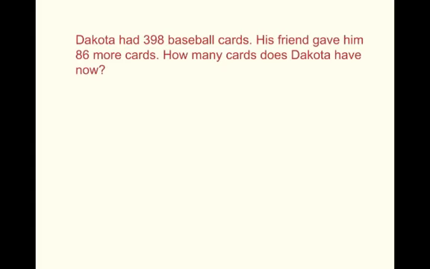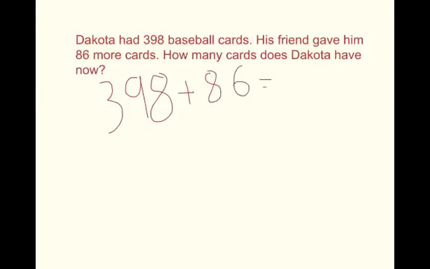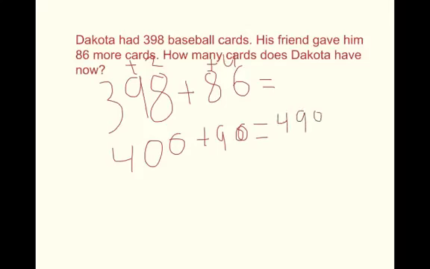Okay, so you're starting. Okay, 398 plus 86 equals. I'm just gonna add 2 here and 4 here, and then, because it's easier, 400 plus 90 equals 490, and then I need to subtract 6 because that's what 4 plus 2 is, and I added that.